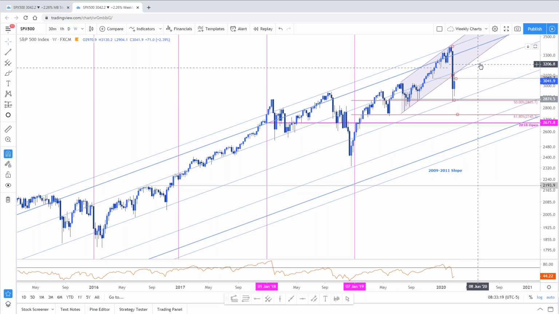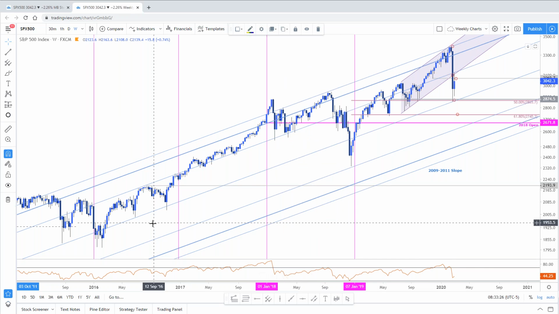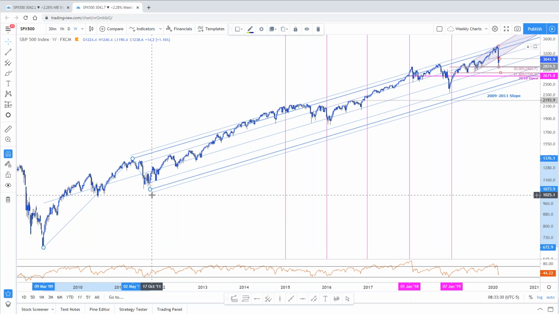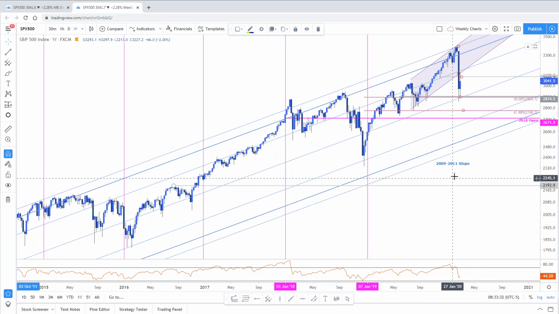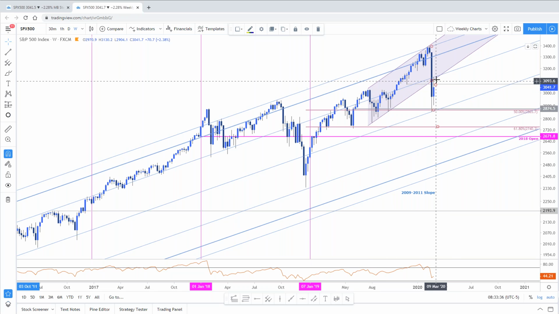Right there. This is the same 618 line. Okay, the 618 bisector of the pitchfork. This is the pitchfork dating back to 2009 and 2011. It's uncanny, right? And you also have former channel support and now resistance. We probed right into there and pulled back.